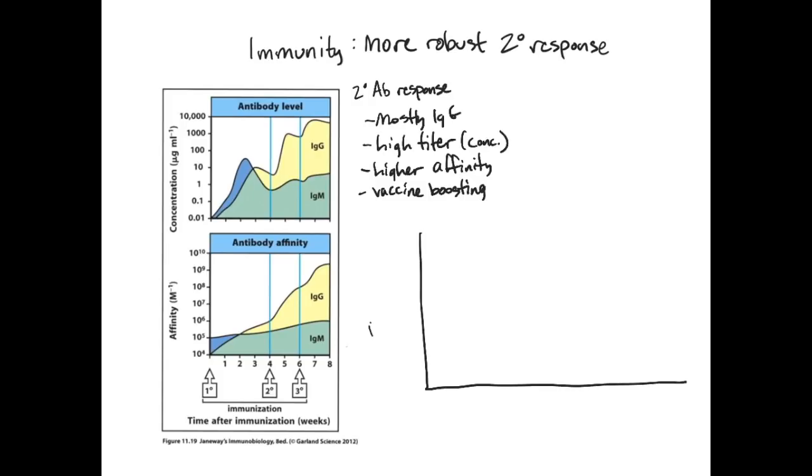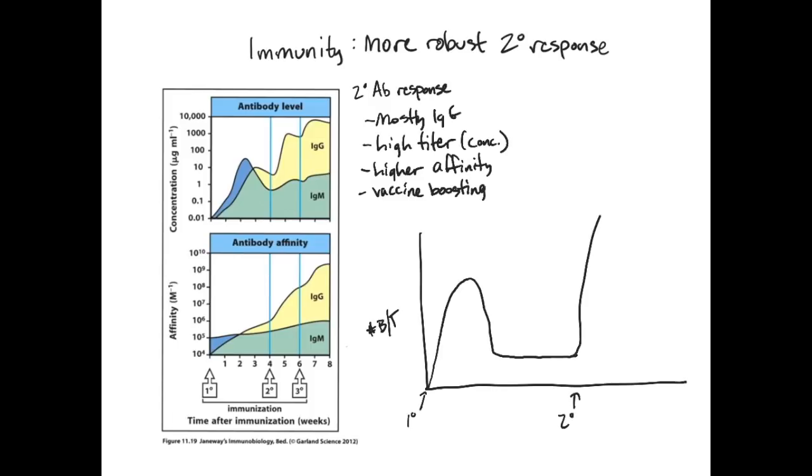On a cellular level, B and T cells, when they're responding the first time to antigen, undergo a period of clonal expansion. And after a week or two, they reach their peak clonal expansion. And once the pathogen is cleared, most of these B and T cells die off, but a small proportion of these B and T cells give rise to long-lived memory B and T cells.